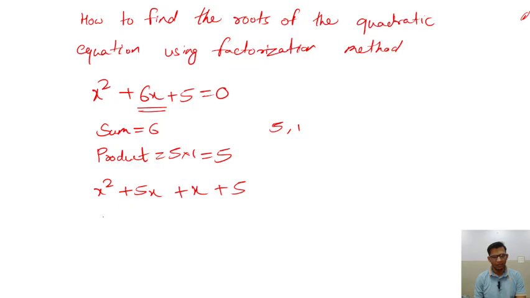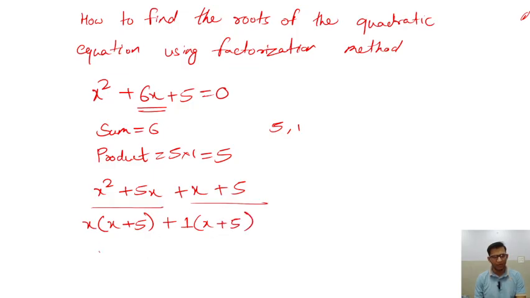Okay. Now if I take the common x from these first two terms, you'll get x plus 5 inside, and from the second part I get 1 as common. I can write x plus 5 inside the bracket.